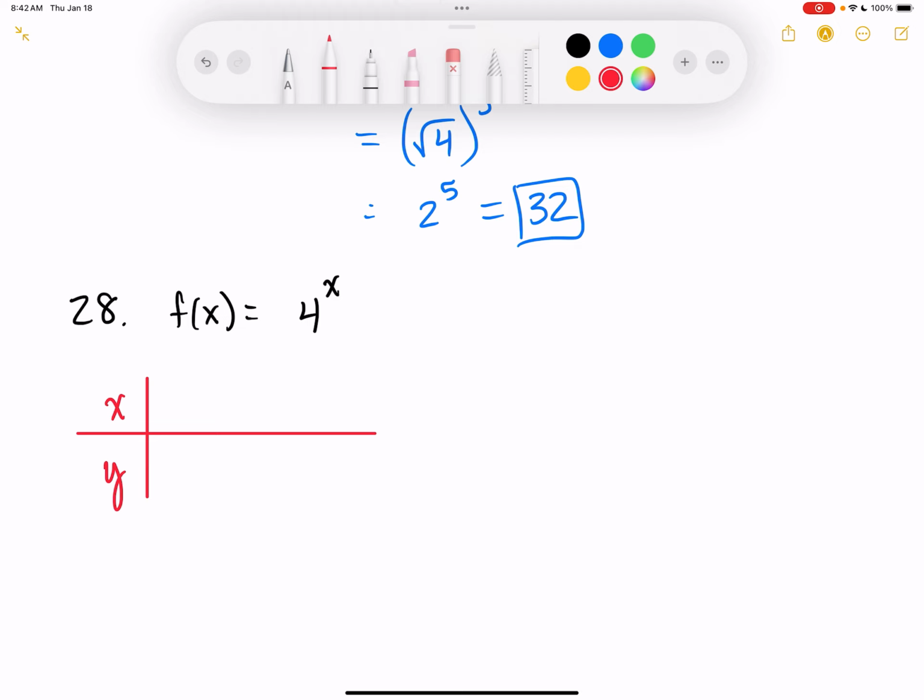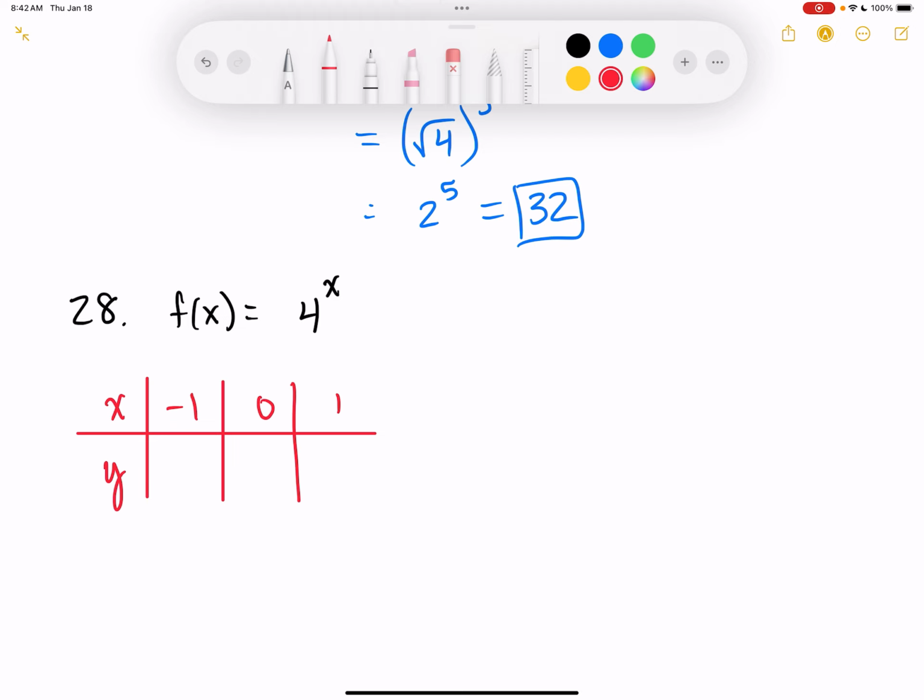I usually try to do -1, 0, and 1 just because they're easy numbers to work with. And so I'm going to evaluate each of these points, the x and the y value, and then I'll plot the points.